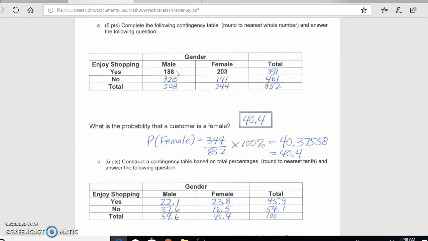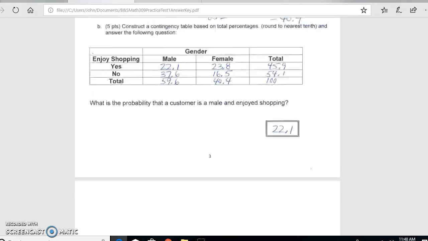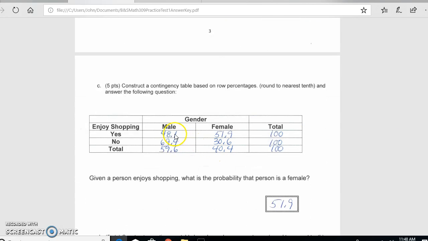And I want to make that data point a percent of the row total. So here's my total, 391. To do that, I'm going to take 188, divide it by the row total, 391, and multiply by 100. And that's going to be my data point right here.